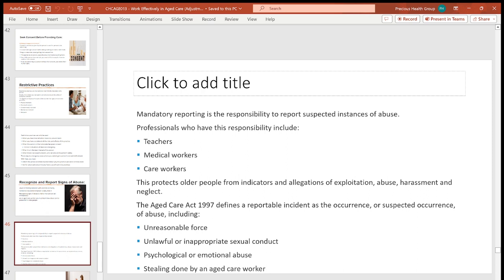This is to protect older people from indicators of allegation of exploitation, abuse, harassment, or even neglect.